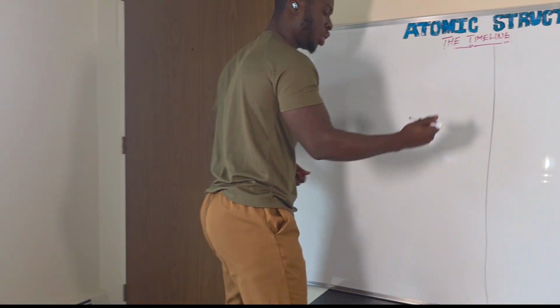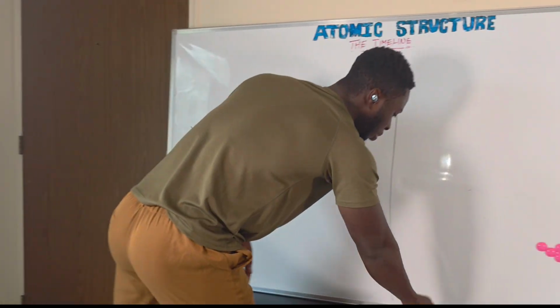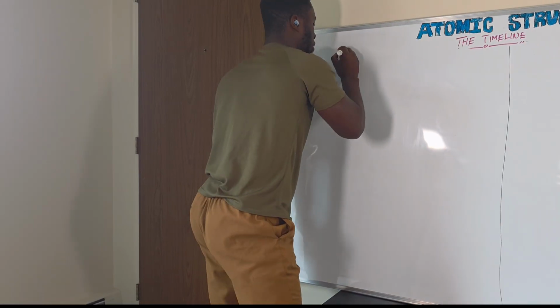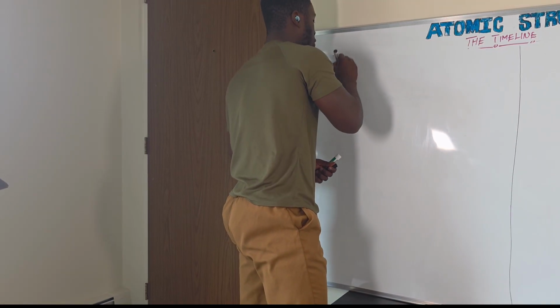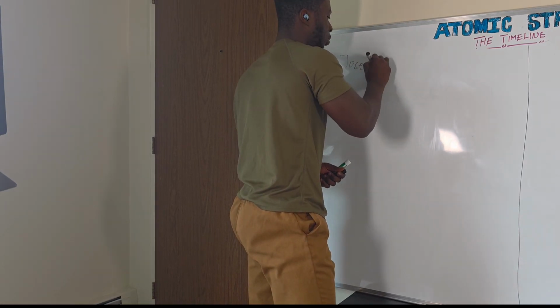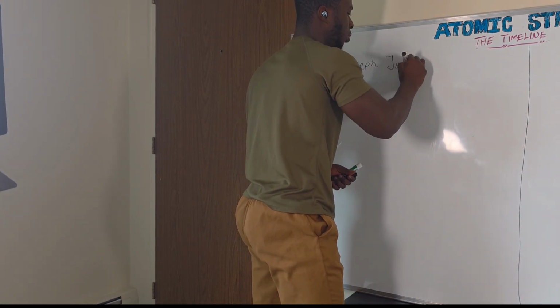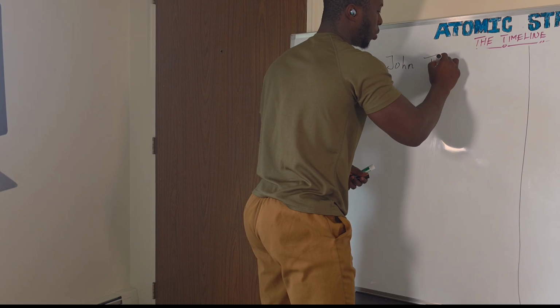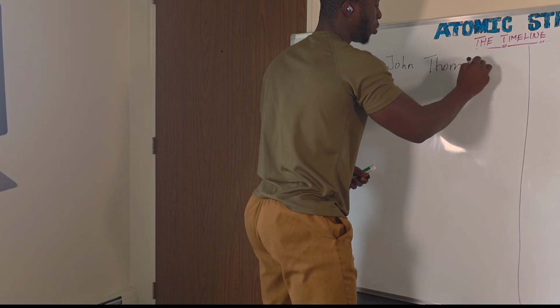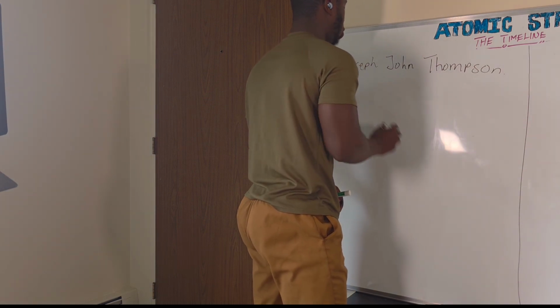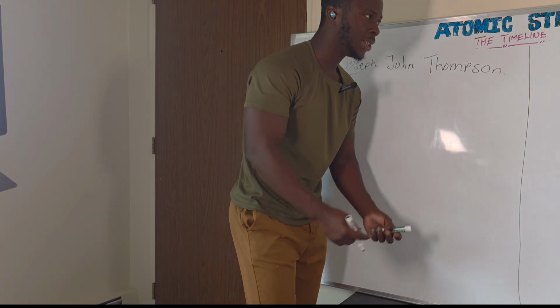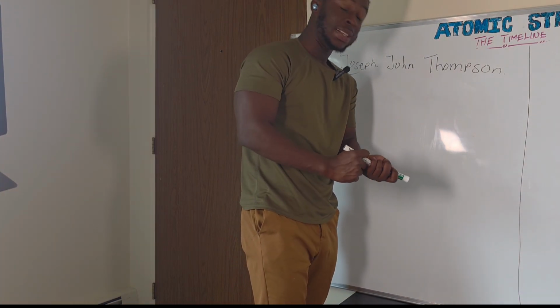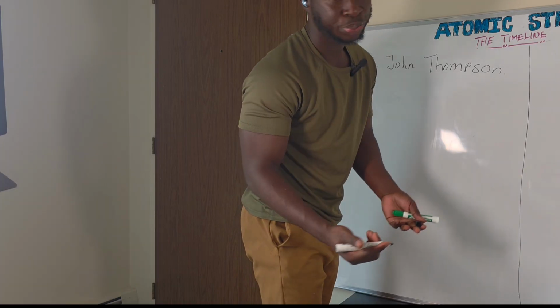So, J.J. Thomson, as we know him, Joseph John Thomson. When Joseph John Thomson did the cathode ray experiment to discover electrons, the term electron wasn't new.